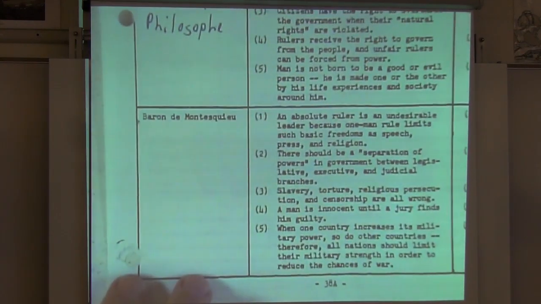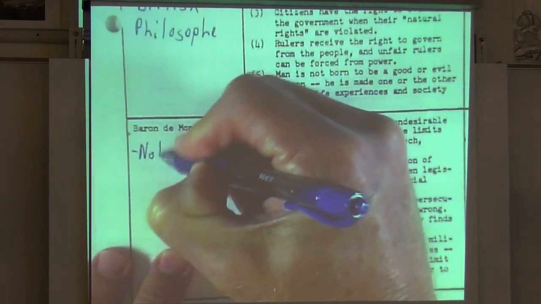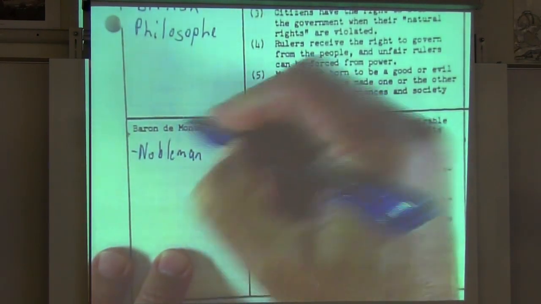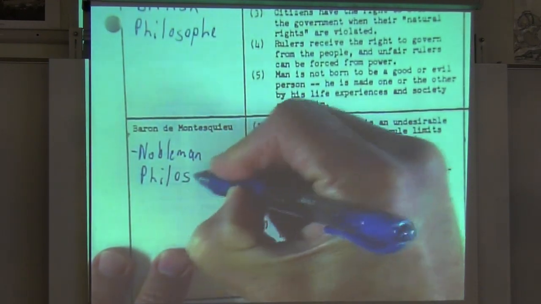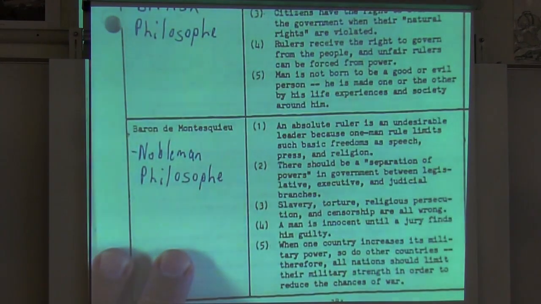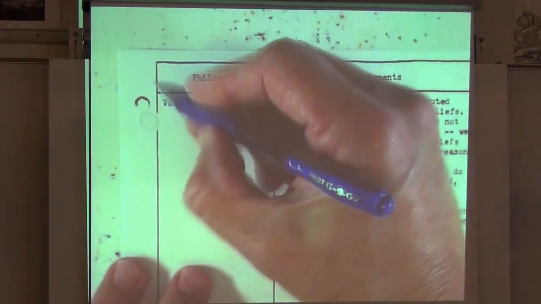All right, let's make a note of this guy, Baron de Montesquieu. I'm going to call him the nobleman philosophe. He came from a very well-off background. He is certainly an example of one of these guys who is advocating for the destruction of a system that he benefited from. The next one is Voltaire.